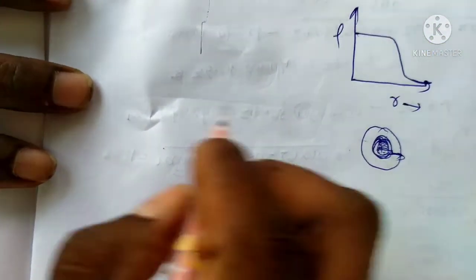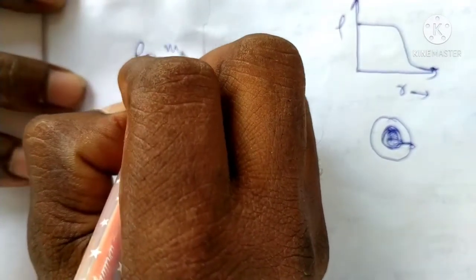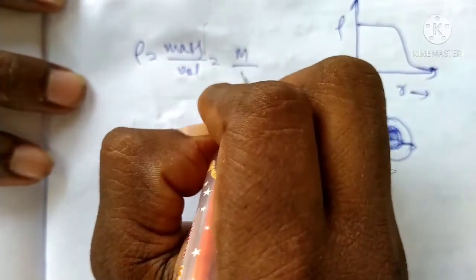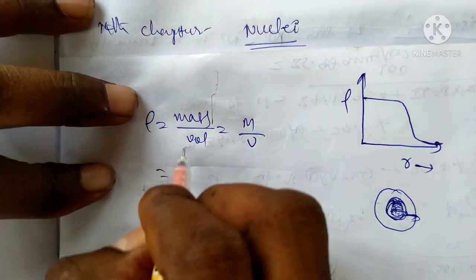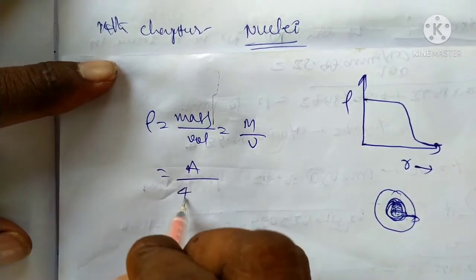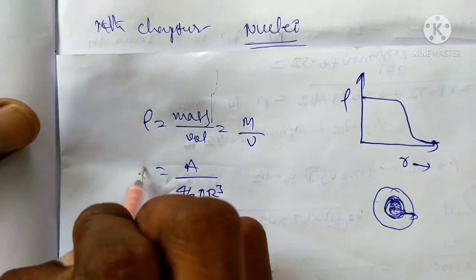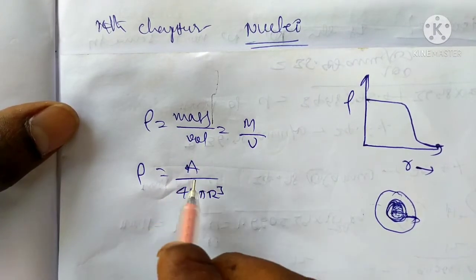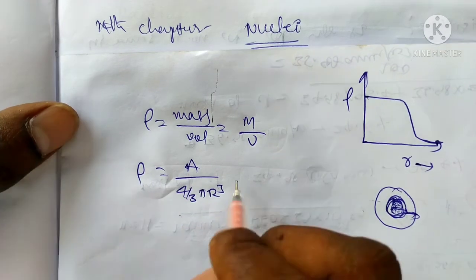Okay, now according to the relation, density is equal to mass by volume, m by V. Mass is nothing but the atomic mass number A. Volume is 4 by 3 pi r cube. So rho is equal to A divided by 4 by 3 pi r cube.